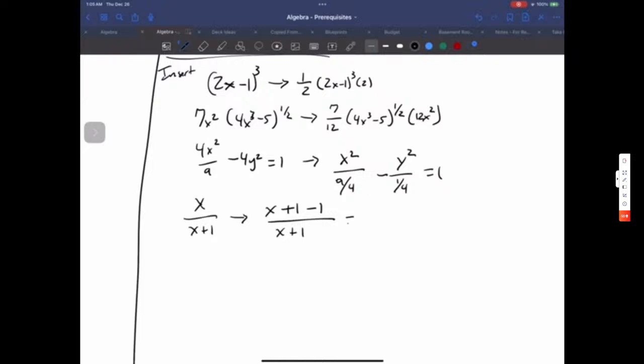And what this is going to come out to be is, like we did before, these two terms will cancel out on their own, but you'll still have this term to deal with. So what we'll end up with is 1 minus 1 over x plus 1, which is a weird way of writing it, but in some instances it might be useful. Similar to the one we had above.